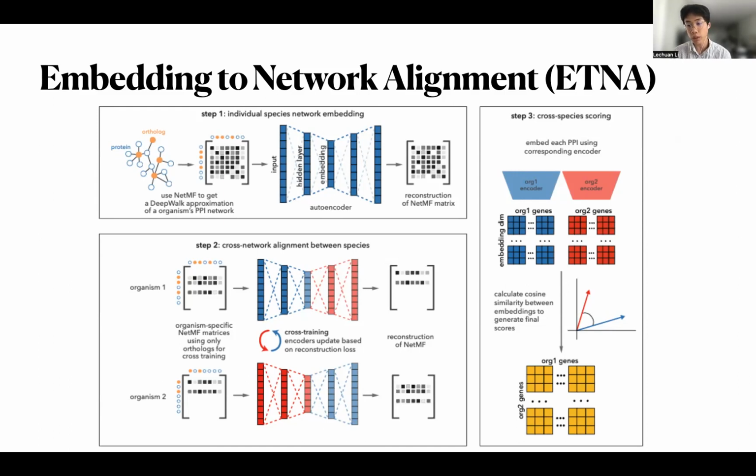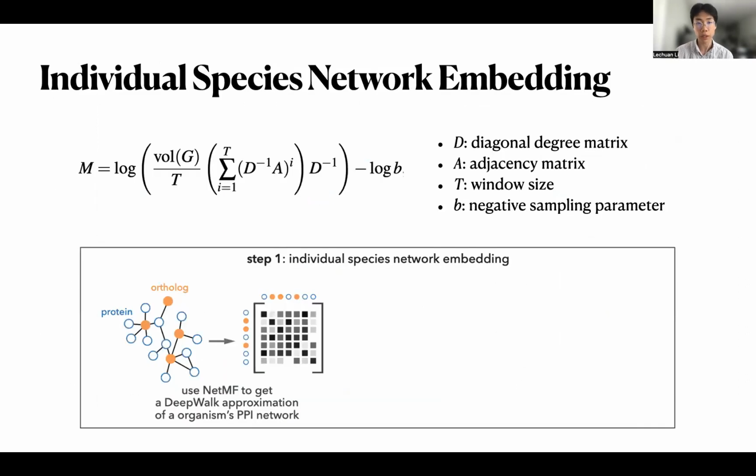Once we have the joint embedding, we can use a cosine similarity to determine how similar genes from 2 different species. So I will explain our method in more detail.